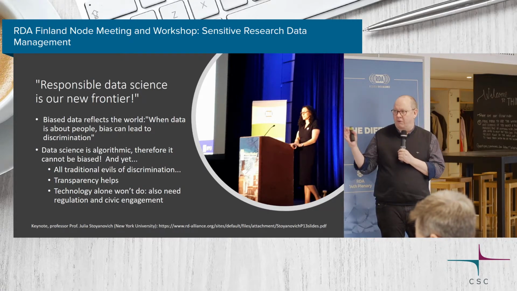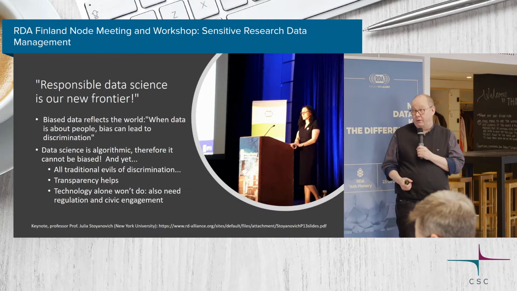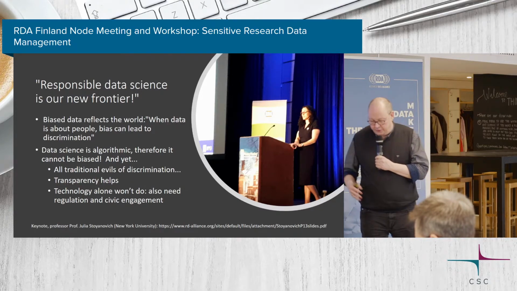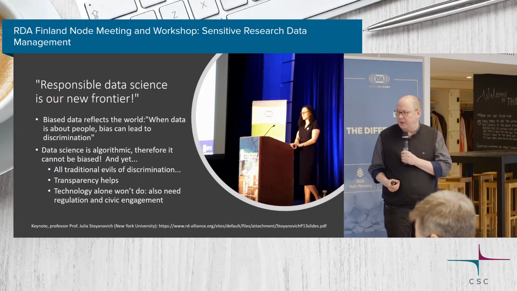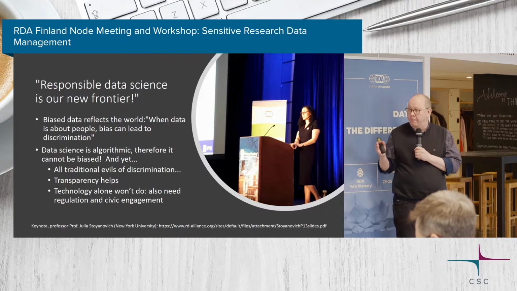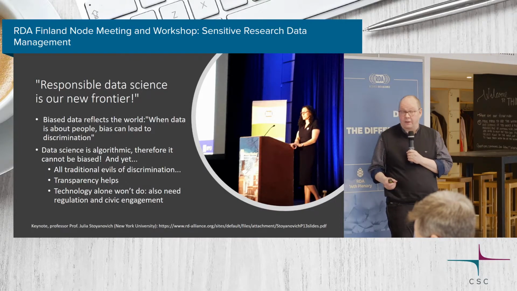And all those traditional evils exist even if we are working in this area. Transparency is a cure also here in this area, and we need also other things than technology: we need regulations and civic engagement.